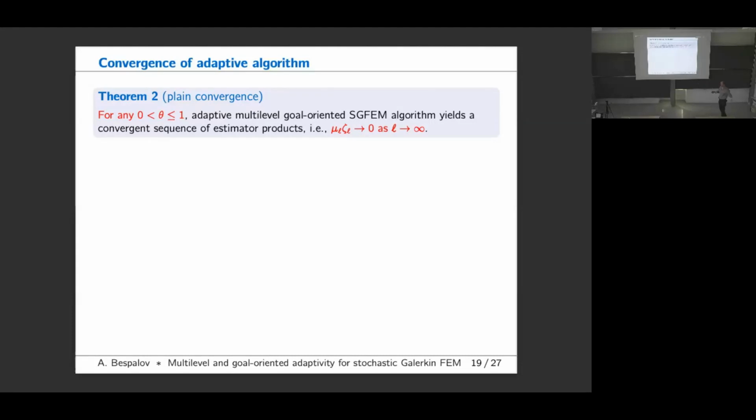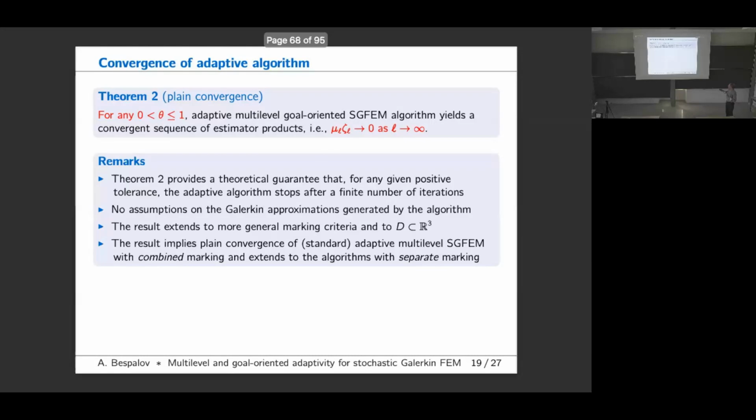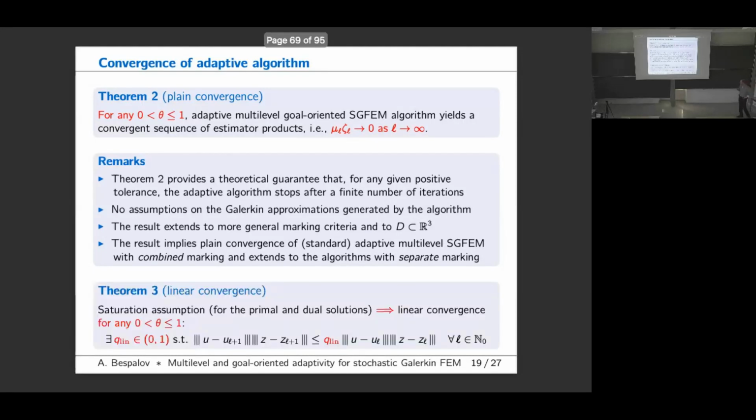It sounds like 2 lines of the theorem, but it's actually like 10, 11 pages of proof. It states that the algorithm will always terminate after a finite set of iterations. So there are no assumptions. The result extends to 3-dimensional domains, and it implies also convergence of the standard, that means not goal-oriented, but standard adaptive stochastic Galerkin, even with separate marking.